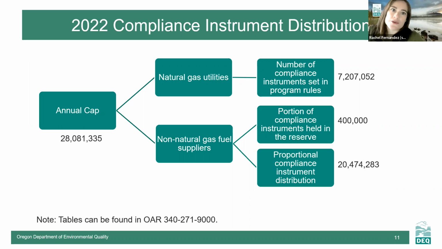We started with the annual cap as per the rule, set aside the amount for natural gas utilities, also informed by the rule, and set aside the reserve from there, the maximum reserve size, which is also set in the rule. And then we distributed all the remaining compliance instruments proportionally, determining the averages with the time periods that were stated in the rule as well, in Table 5 of the rule.